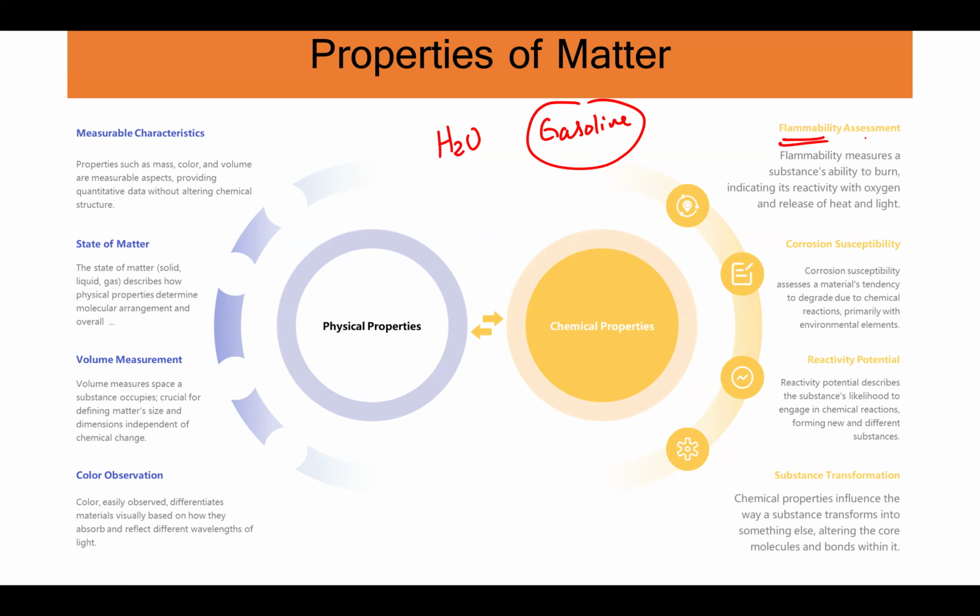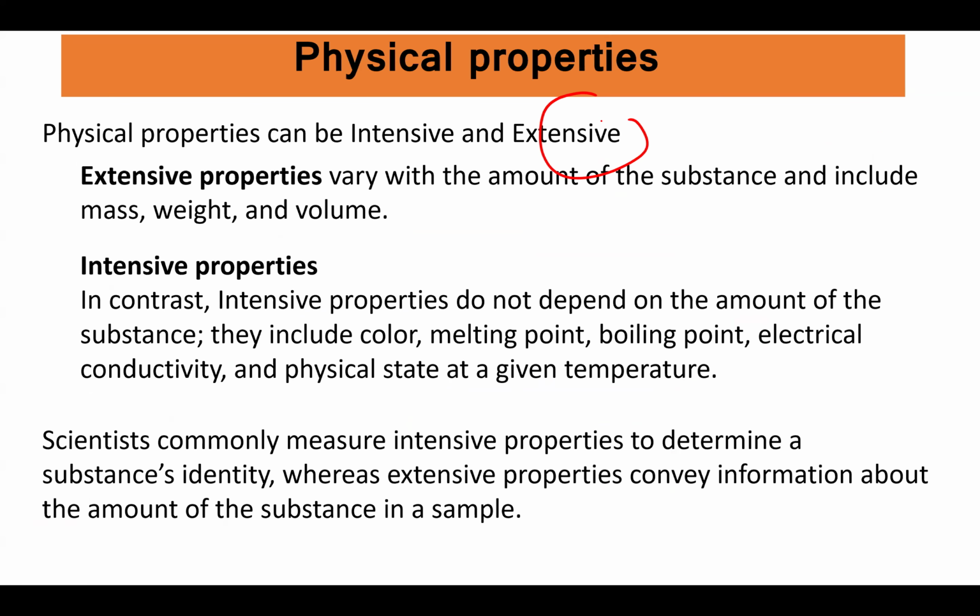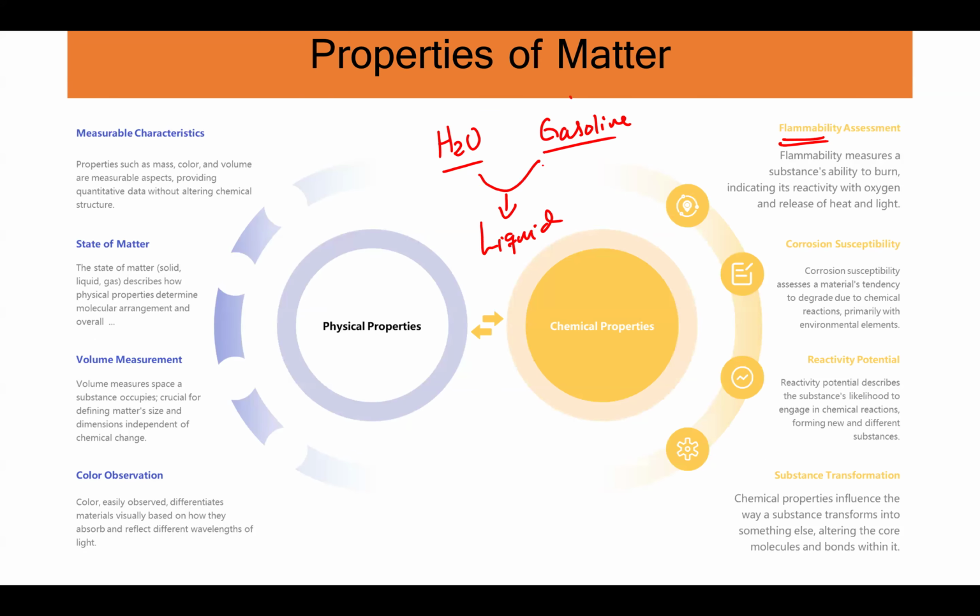If you want to describe the physical properties of water and liquid gasoline, what are their physical properties? Both of them are liquid. But if you want to classify them by their chemical properties, only gasoline is flammable.